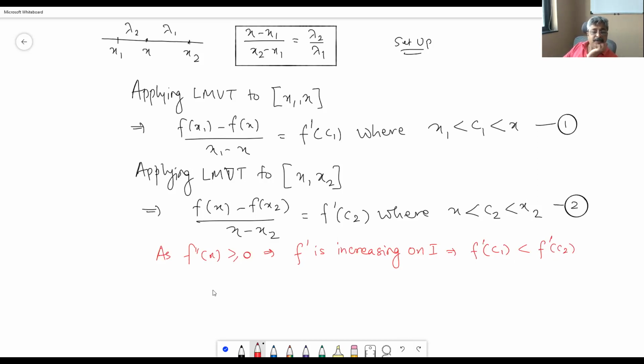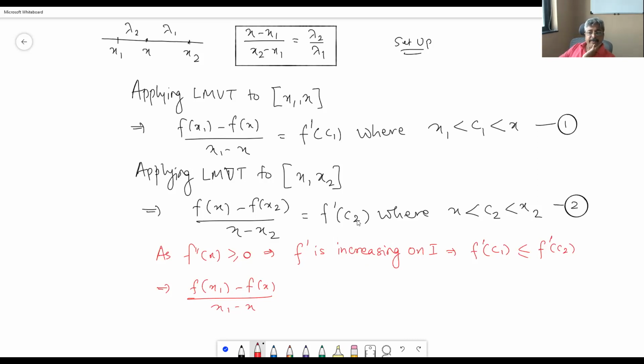Is that correct? This implies f of x1 minus f of x upon x1 minus x is less than or equal to, we can allow equality because equality is available, therefore we can have equality here also, because if it is a constant function then we will include it in convex as well as concave.